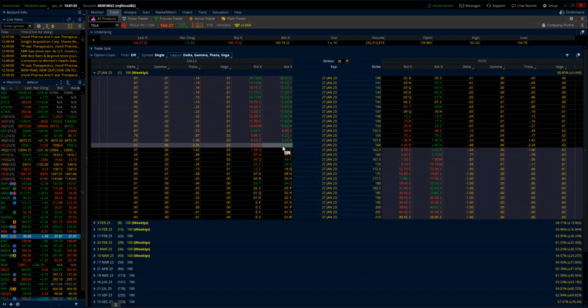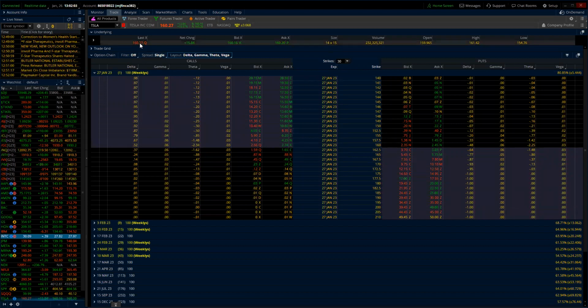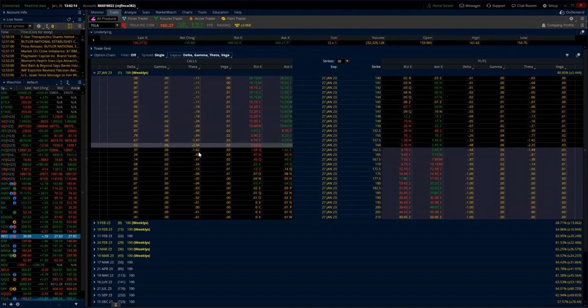But people are willing to pay, wait a minute, they're willing to pay $2.74 for an option so that they can buy the stock at $160? But wait a minute. Why do I need to pay that when I can just go do it for 20 cents over or 27 cents over? Actually, 21 cents over right now. It's just the way the options are priced due to the volatility.